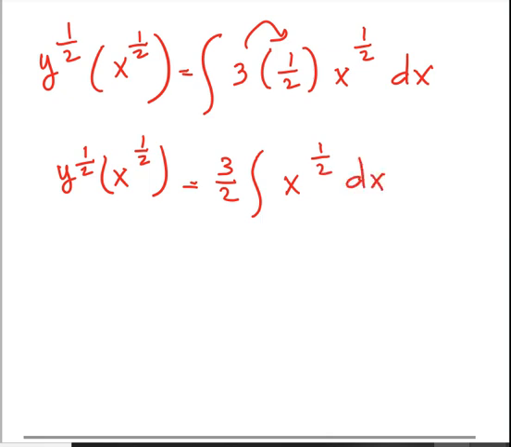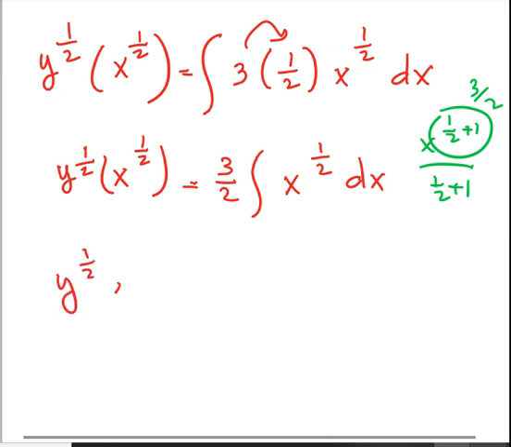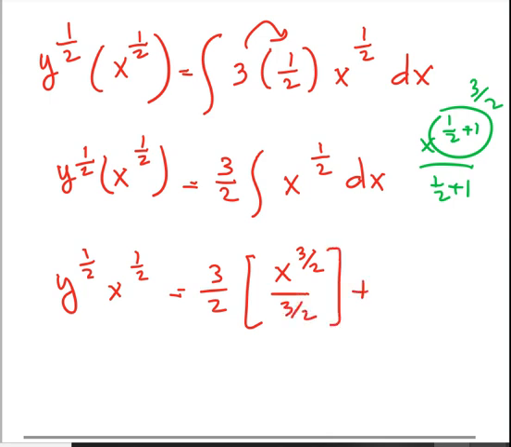So if we integrate x raised to 1 half, it will become x to 1 half plus 1 over 1 half plus 1. So this one is actually 3 halves din. So we can rewrite that one as y raised to 1 half times x raised to 1 half is equal to 3 halves. Tapos, x raised to 3 halves over 3 halves, plus c.